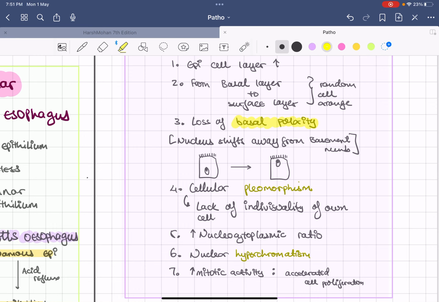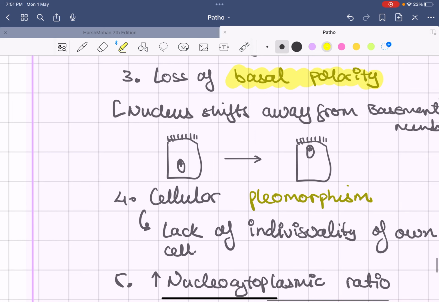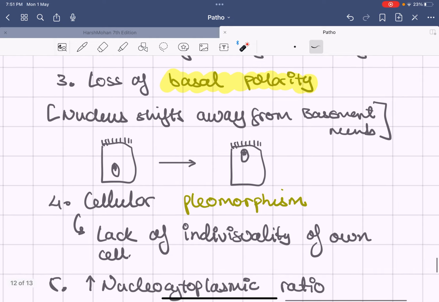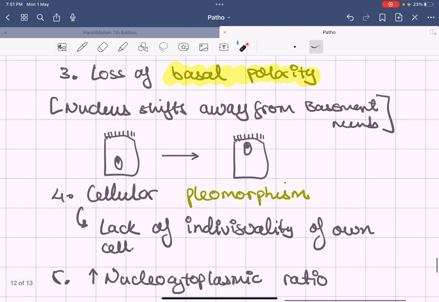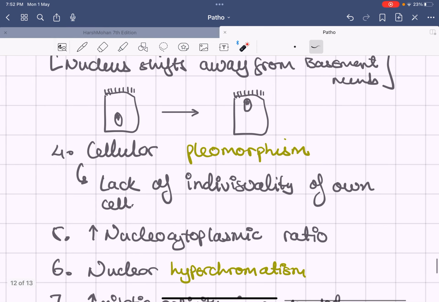What is basal polarity? The nucleus shifts away from the basement membrane. For example, in columnar epithelium, the nucleus is situated towards its base, but when it loses its basal polarity, it shifts away from the basement membrane, and that leads to dysplasia.